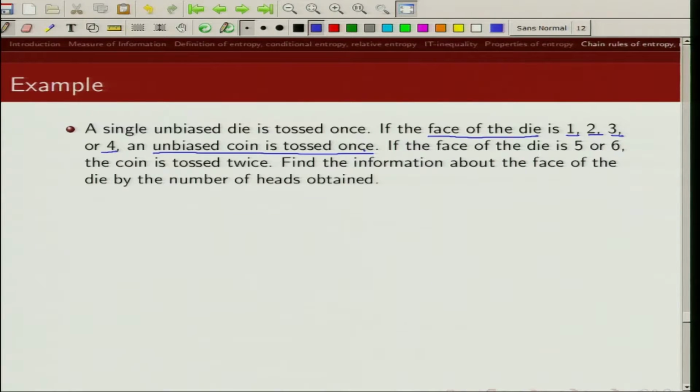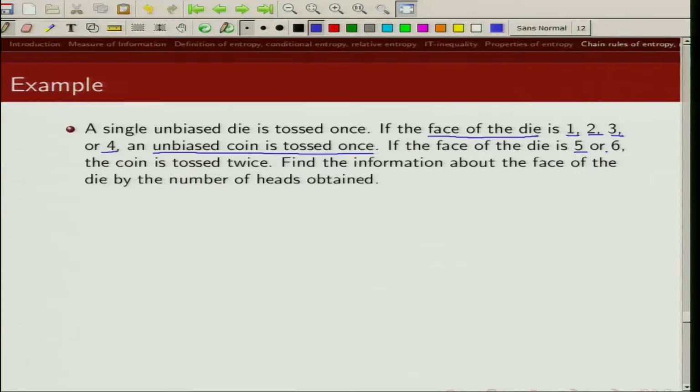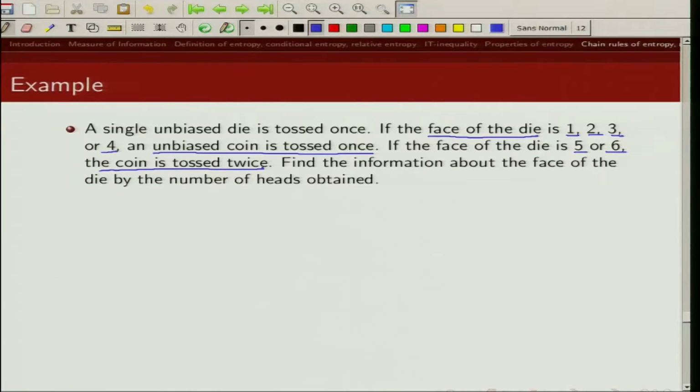What is an unbiased coin? An unbiased coin is a coin which has head and tail. If the outcome of the dice is 1, 2, 3 or 4, I am tossing the coin once, and if the outcome of the dice is 5 or 6, then I am tossing the coin twice. And this is the fair, unbiased coin which I am tossing.